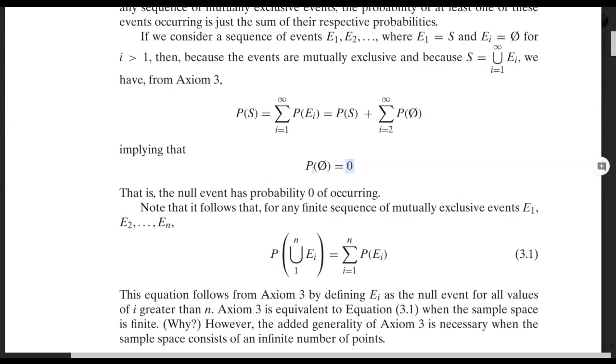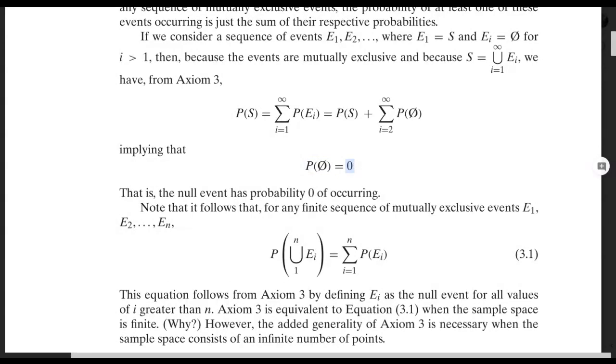That's why before, we said the complement of the sample space is the empty set, so we just use this as a convention. The probability of the empty set is 0, because it is no event, and the probability of not having any event is 0.